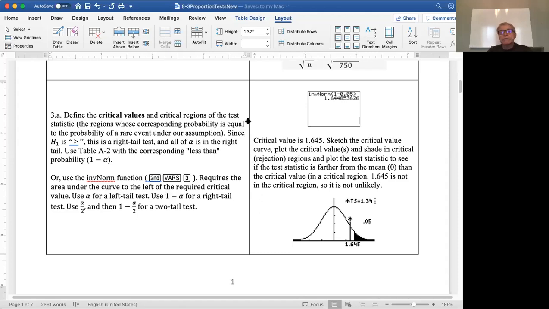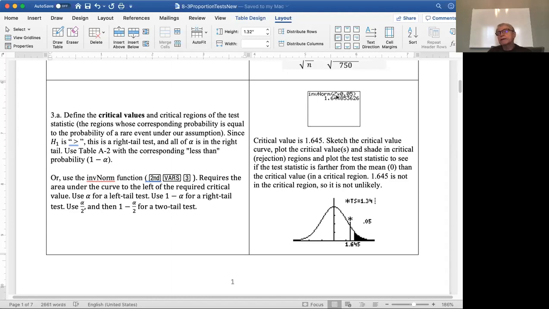For a left-tailed test, we're going to be putting alpha into the inverse norm function. For a right-tailed test, we're going to be putting 1 minus alpha into that, because that would be the less than probability for that right critical value. And for a two-tailed test, we basically can put in half of alpha to get the left critical value.